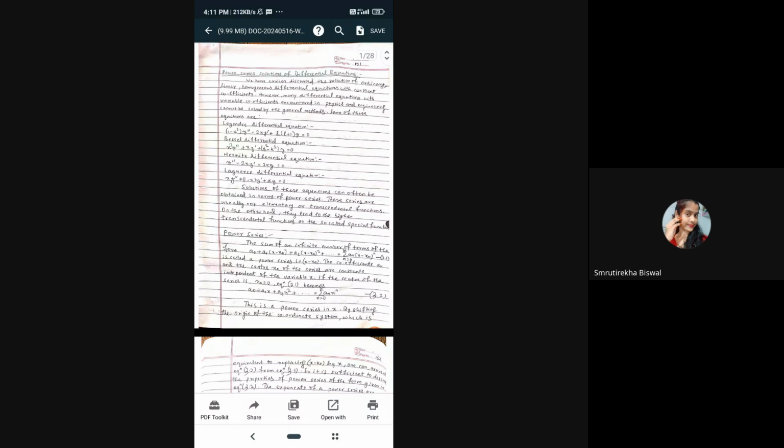But when your coefficients are not constant, when they are variables of x or y or something else, then the traditional method will not work to solve those types of equations.